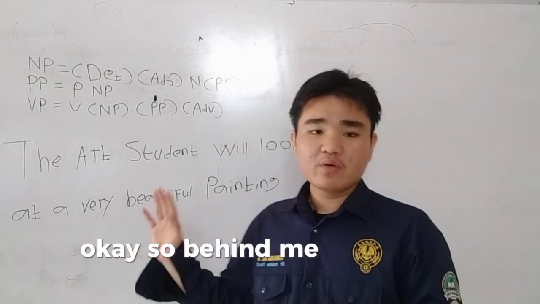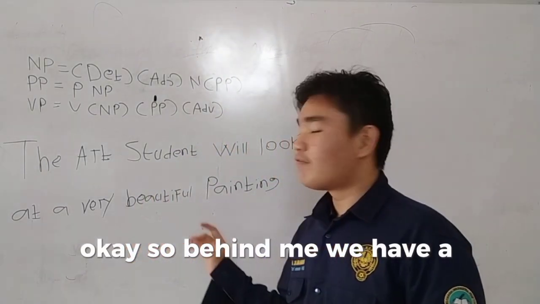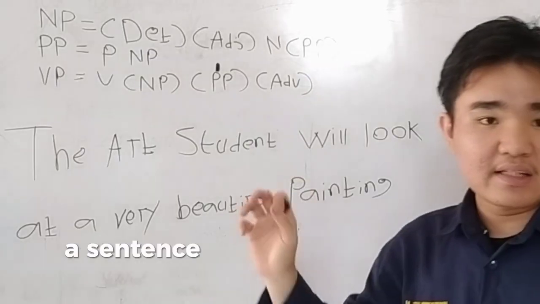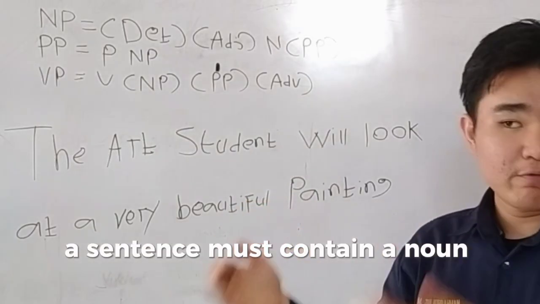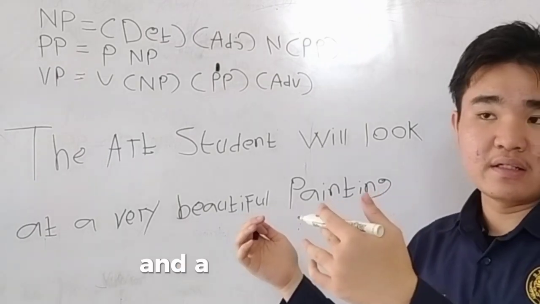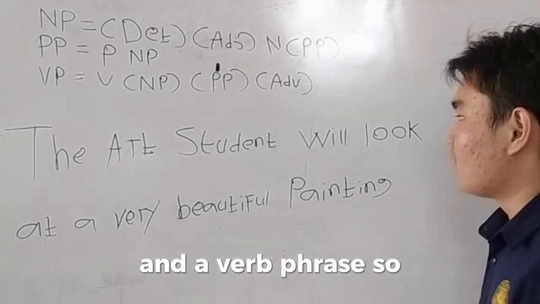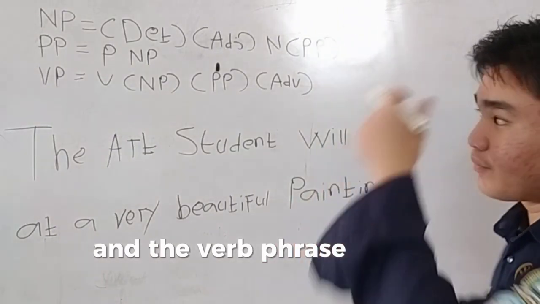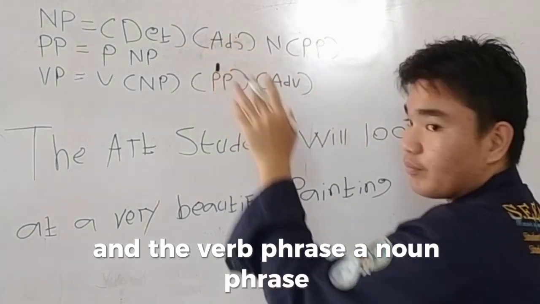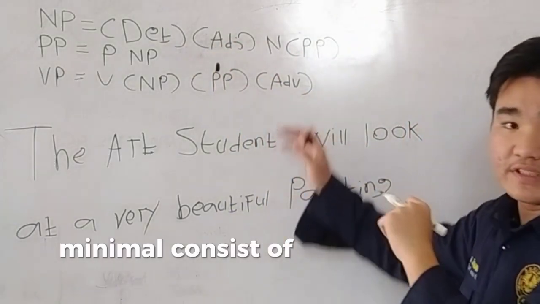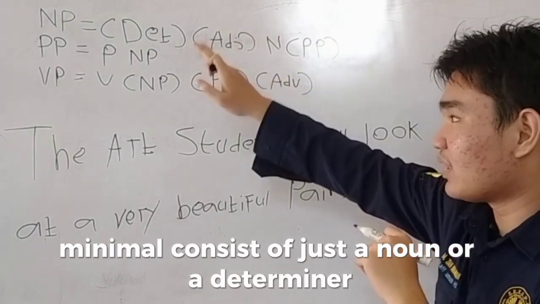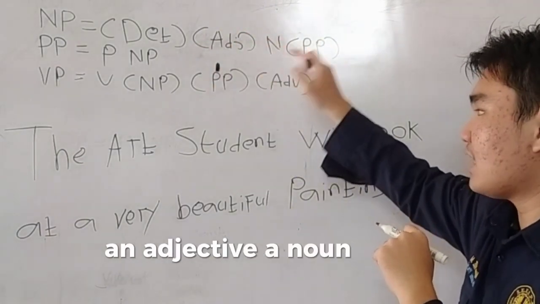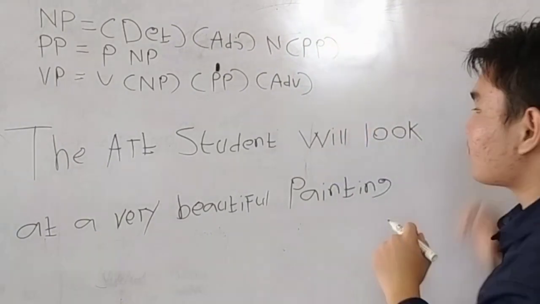Okay, so behind me we have a very good example. A sentence must contain a noun phrase and a verb phrase. So let's decide which is the noun phrase and the verb phrase. A noun phrase minimally consists of just a noun, or a determiner, an adjective, a noun, and a prepositional phrase.